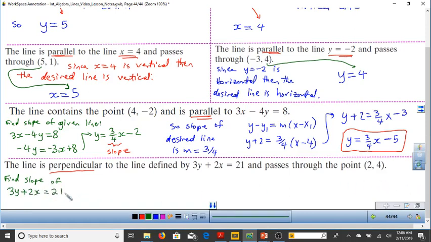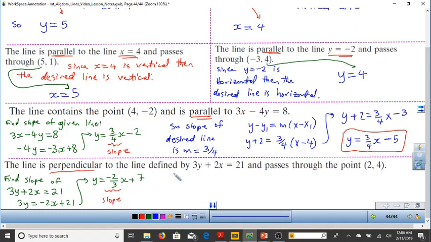I solve for y, subtract 2x from both sides, and then I divide by 3, so y is equal to -2/3 x plus 7. I don't care about the y-intercept for this line. I only care about the slope. And the slope is negative 2/3.